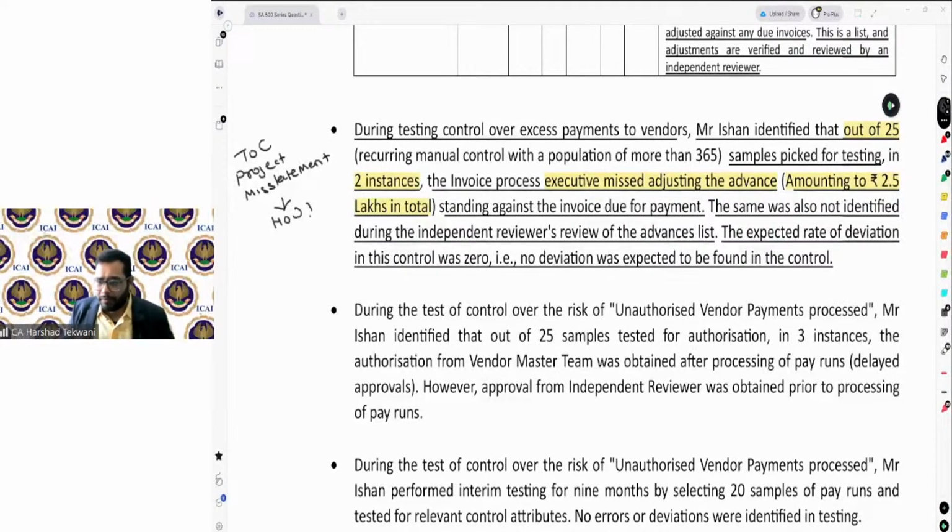Let's say, for the sake of clarification, the population total is 25 crores. How will you project?